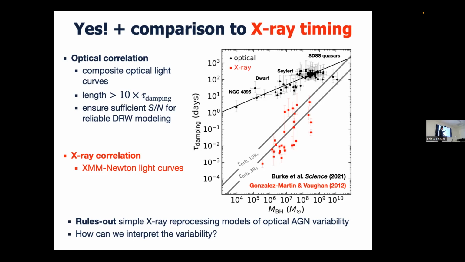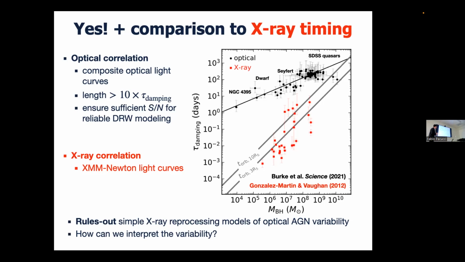But the question is then, how can we interpret the optical variability? There were some suggestions that maybe the optical variability is just reprocessed X-ray variability. The X-ray variability drives the optical variability in the disk.